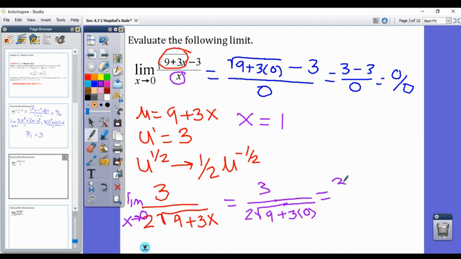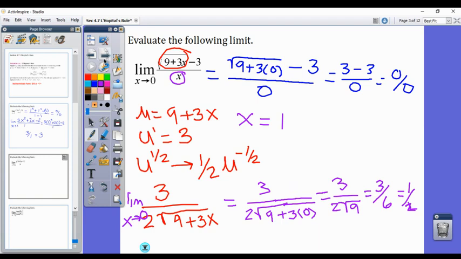So that's going to give me 3 over 2 times the square root of 9, which is 3. So the square root of 9 is 3, times 2 is going to give me 6. So 3 over 6, which is going to be 1/2. All right. That was fun.